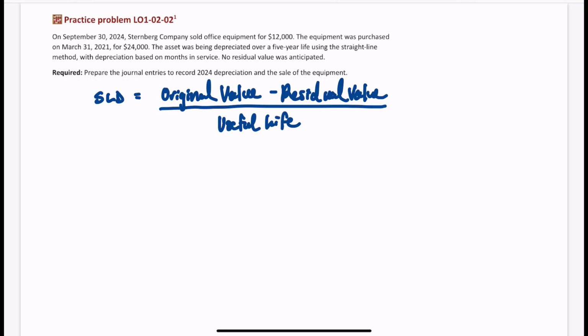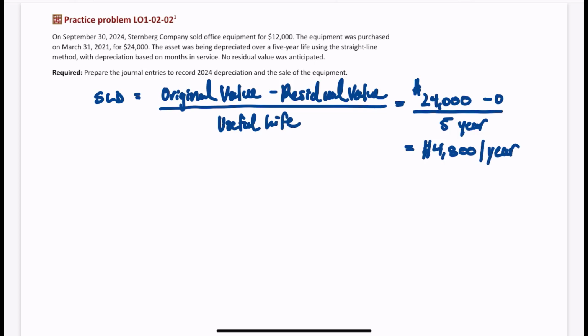In this case, we bought the asset for $24,000. The problem says there's no residual value, and it has a 5-year useful life. So effectively, 24,000 divided by 5 gives us $4,800 of depreciation per year.